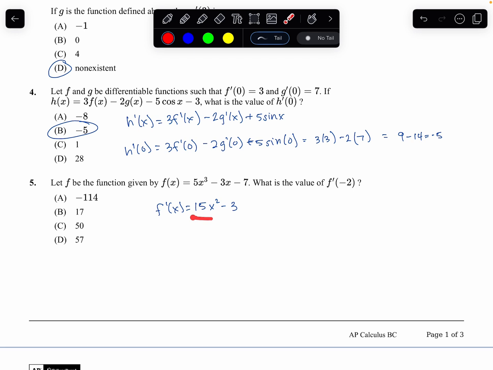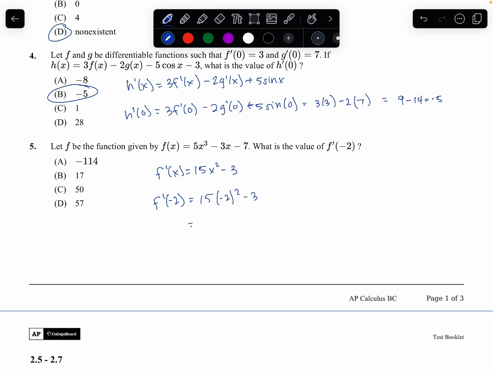So this right here is our derivative. f prime of -2 is going to be 15 times -2 squared minus 3. So this is 15 times 4 minus 3, which is 60 minus 3, which is equal to 57.